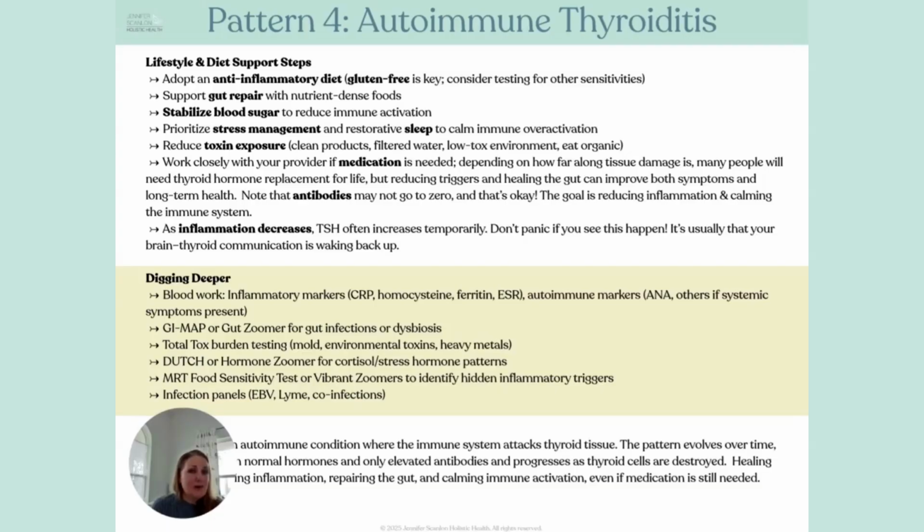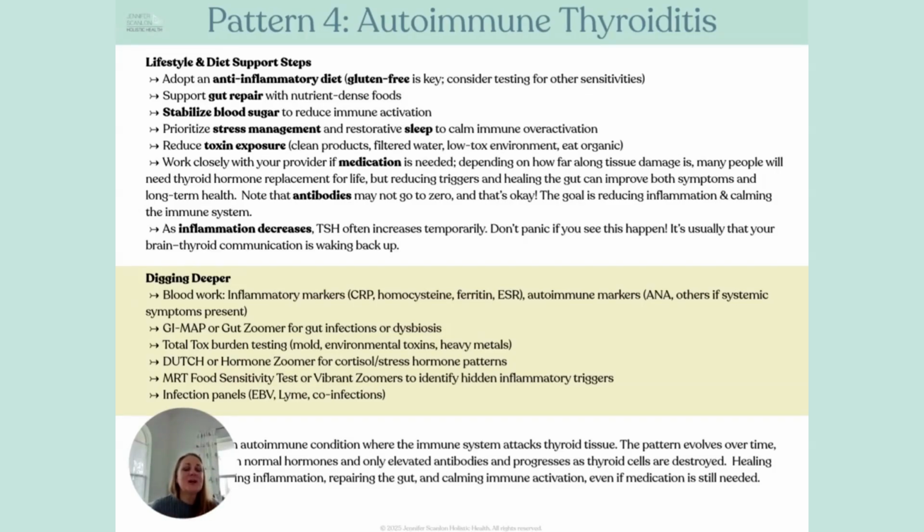But if you have autoimmune disease, odds are your body is even more sensitive to it. Plus, gluten has a similar protein structure to thyroid cells. So if your immune system sees gluten and reacts to it, it also thinks your thyroid looks like that foreign piece of gluten that wasn't supposed to be in the blood. So then your immune system is like, oh, let me attack this too. So getting rid of gluten is key.